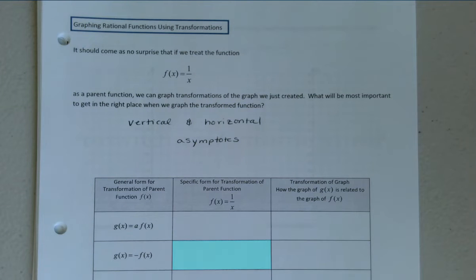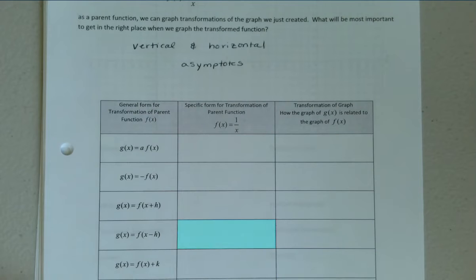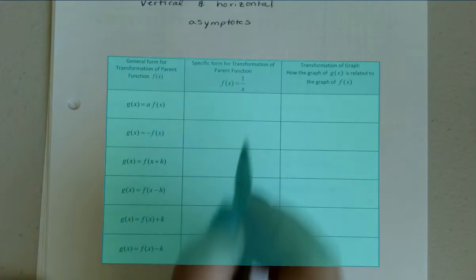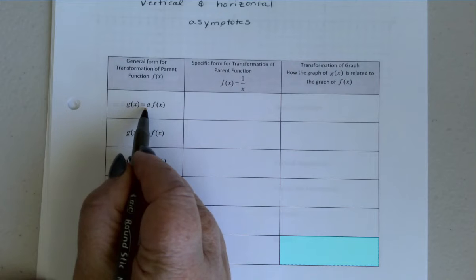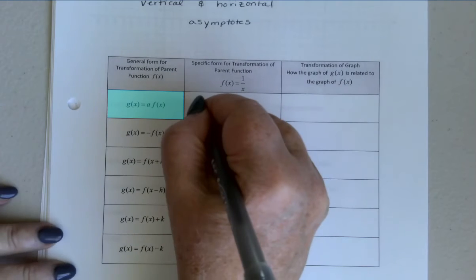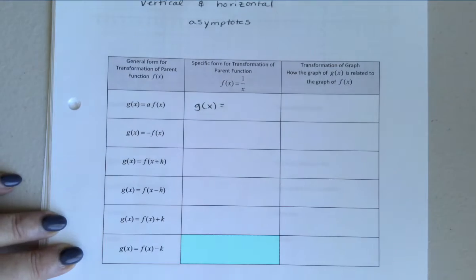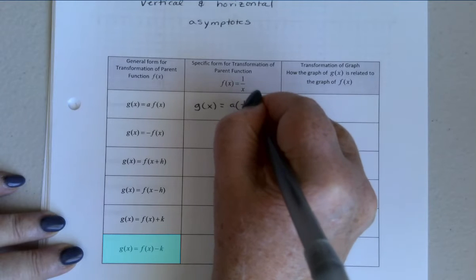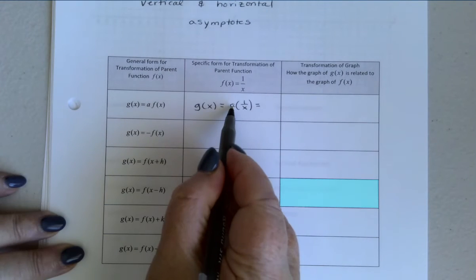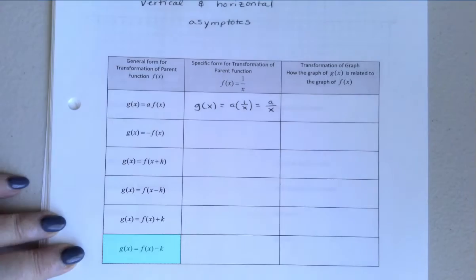All right, again, we already know what happens with these. Let's just quickly look at the format for our rational function. Parent function f of x equals 1 over x. If we have a multiplier of a, if I multiply a times 1 over x, I could just multiply the a times the 1 in the numerator, so it may just look like a over x.